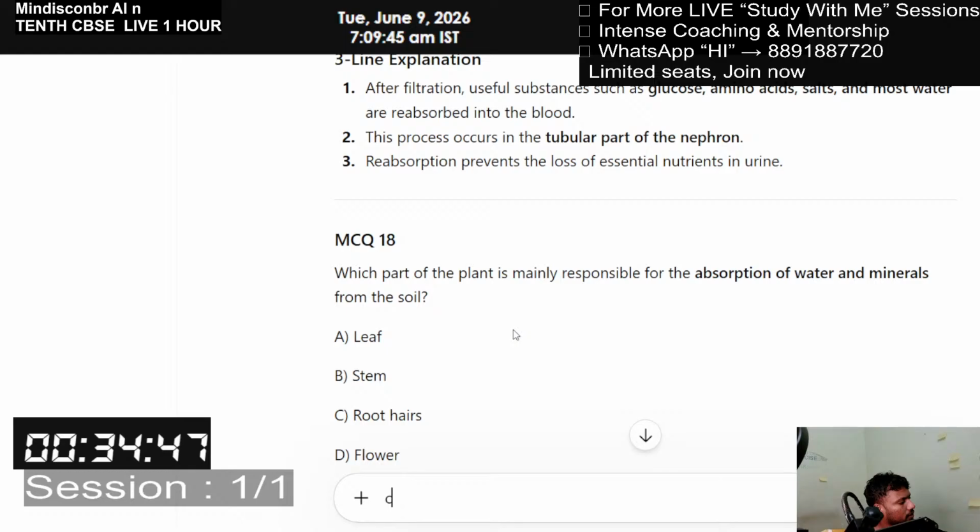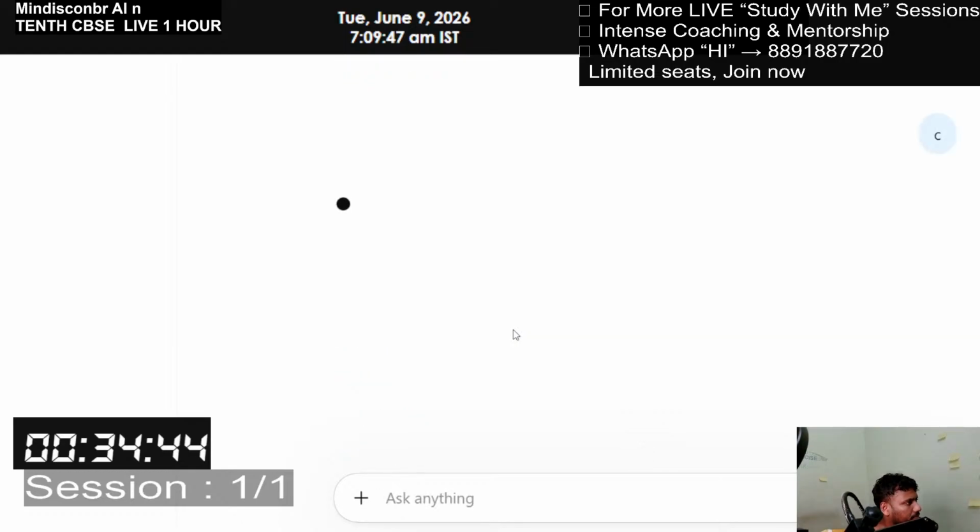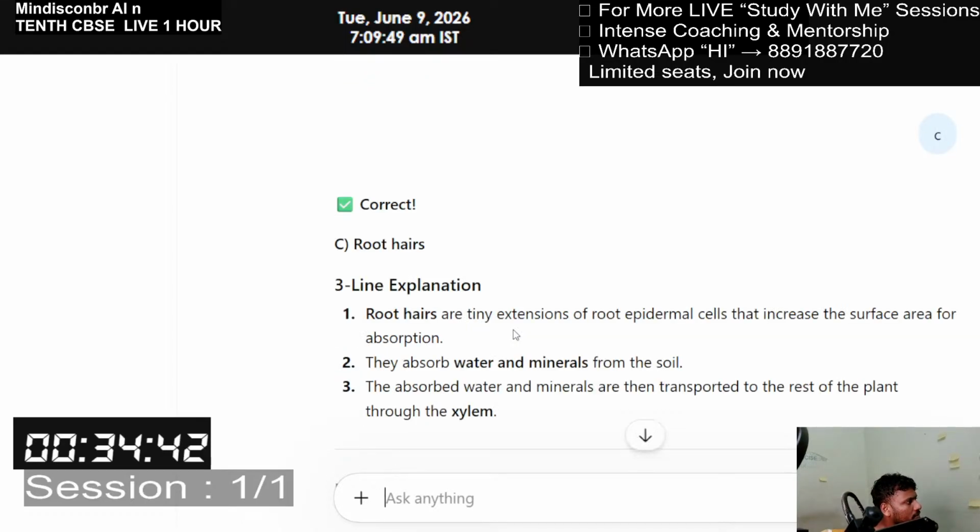Root hairs. Root hairs are tiny extensions of root epidermal cells that increase the surface area for absorption. They absorb water and minerals from the soil. The absorbed water and minerals are then transported to the rest of the plant through xylem.